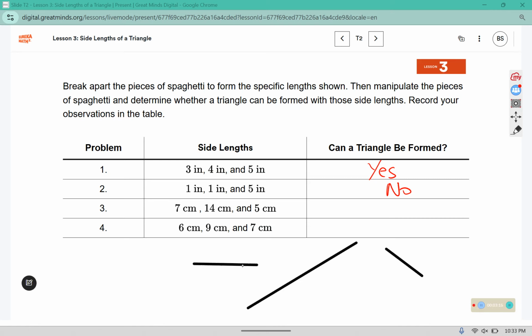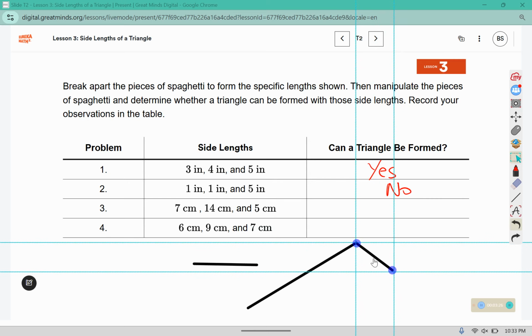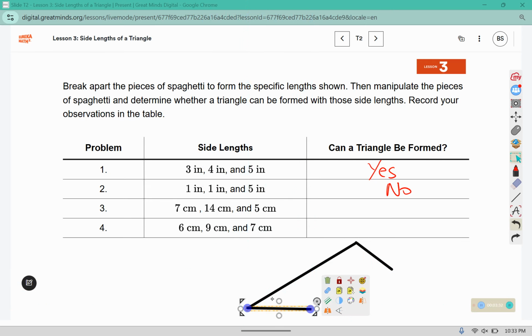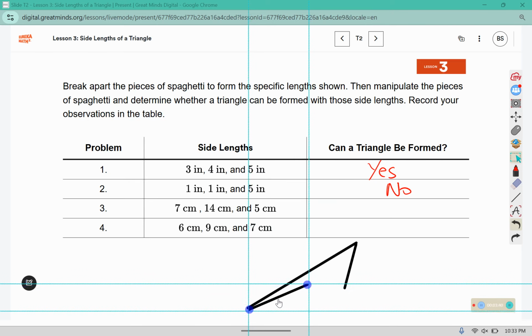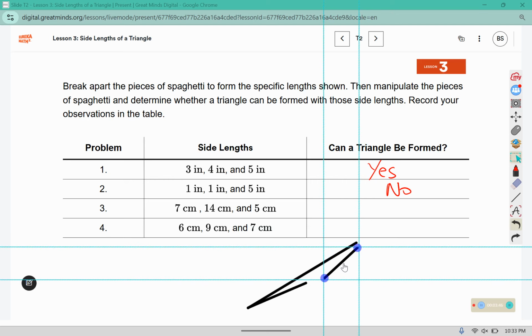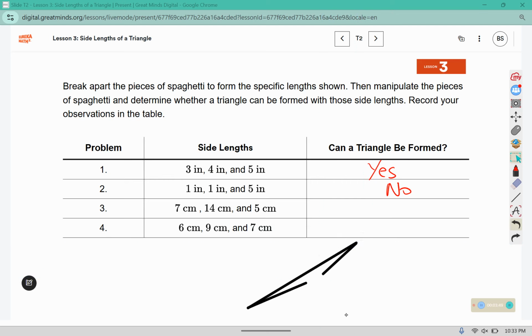Here I have the 7, 14, and 5. I'm going to match up these endpoints here. Then I can rotate this one. And I can rotate this one. But again, no matter how much I rotate these, this point is not going to be able to reach this point.